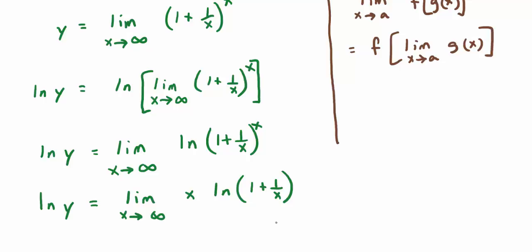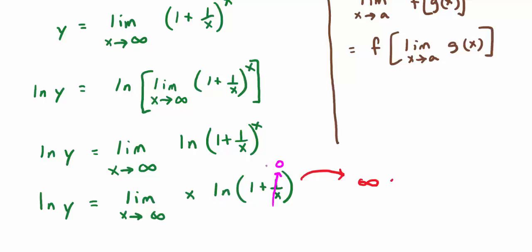But is that the right indeterminate form as written? So after the limit symbol, do we have the right indeterminate form to use L'Hopital's rule? What do we actually have upon substitution? Infinity times, well, okay, guys, where is this guy going? 0. And then what's the natural log of 1? 0.